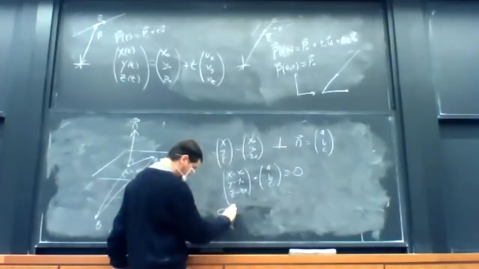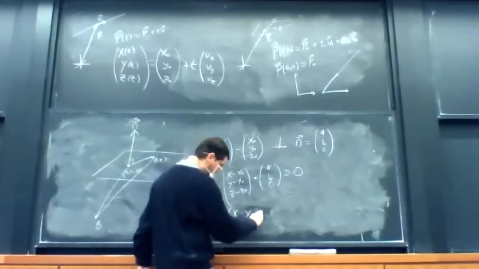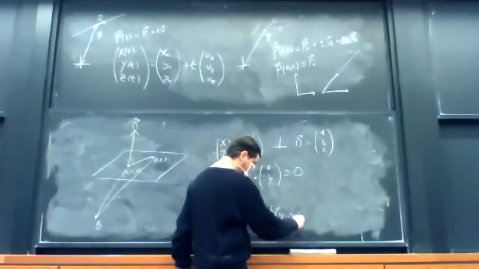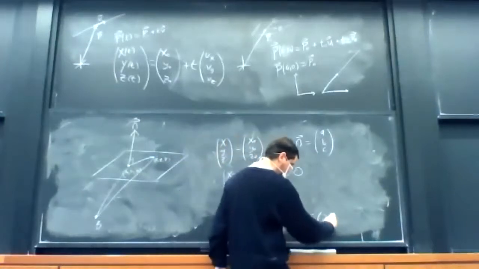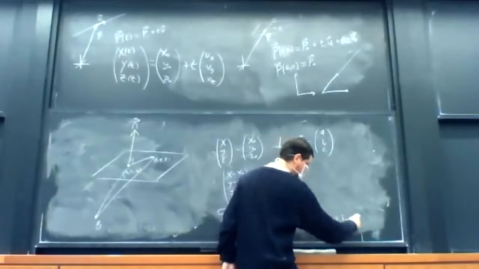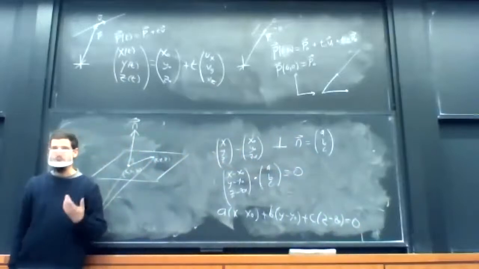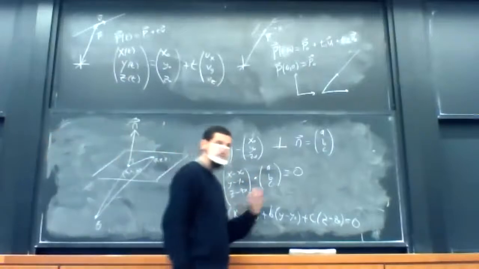So we get a(x minus x naught) plus b(y minus y naught) plus c(z minus z naught) equals 0. And that's another way of writing down the equation of a plane. This is where I'm giving you the normal and I'm giving you a point.